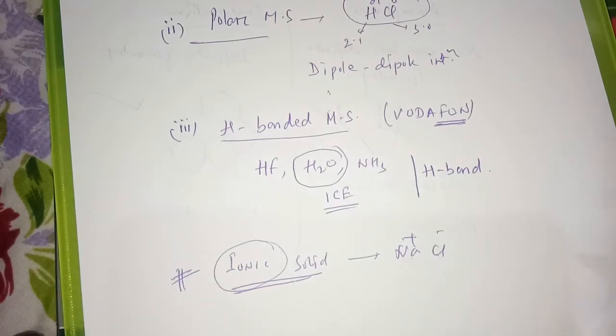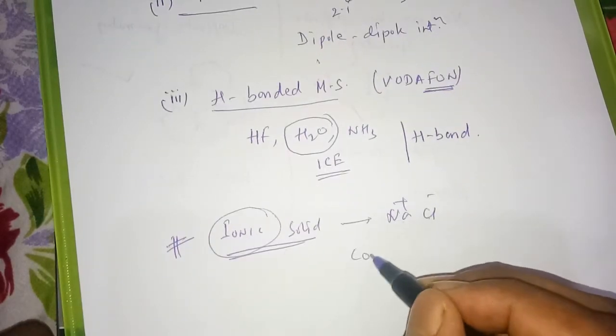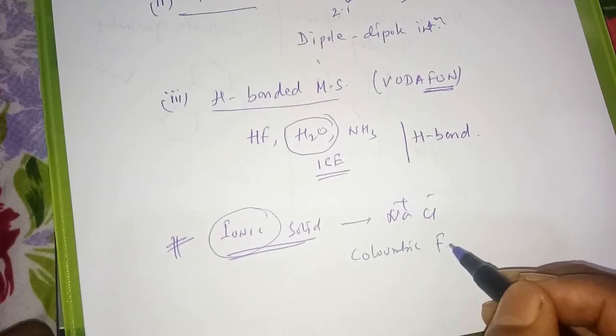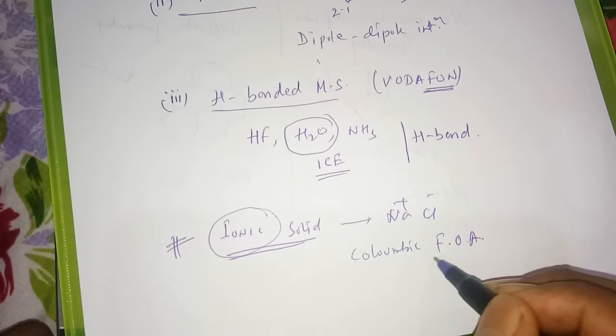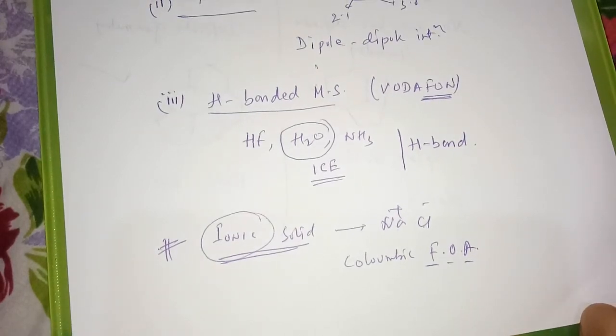Here they have the strong Coulombic force of attraction, or you can say interionic force of attraction. So this is actually the strongest. In ionic solid, the force of attraction is strongest.